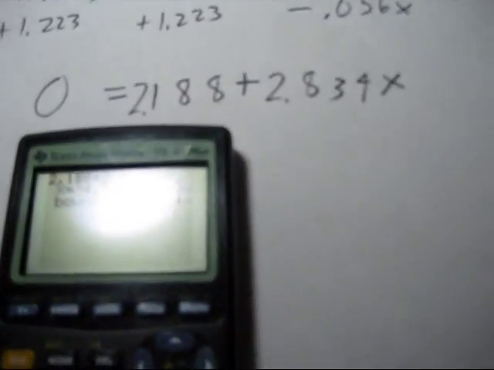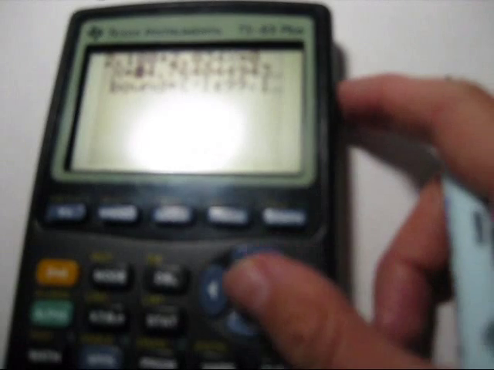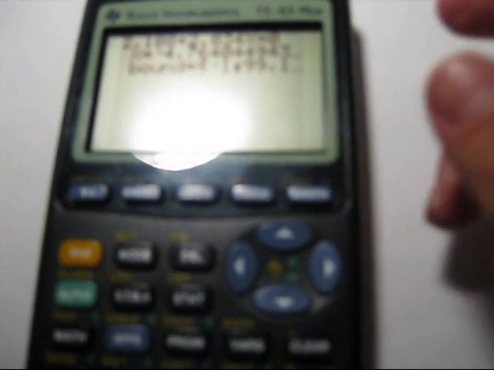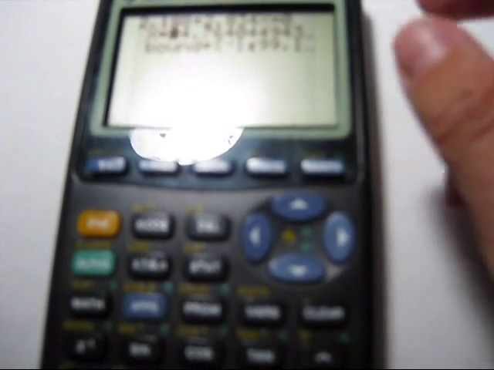Okay, now we're back to the screen we originally had from the solver. Now the cursor has to be on the x equals part. If you do it down to the bound, which is your possible x values, it won't work. So put it on your x equals, and you're going to go to solve, which is the green above the enter.